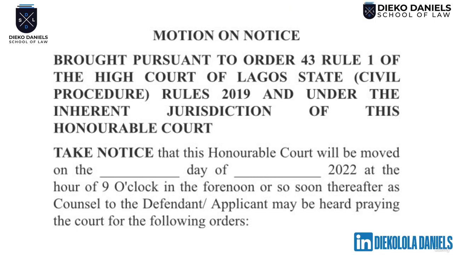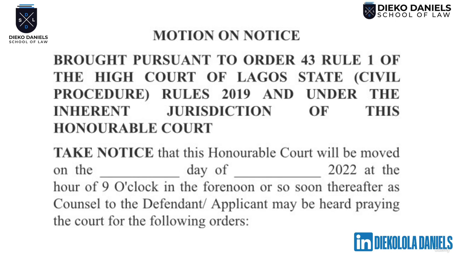Now, we then go further. When we're drafting a notice of preliminary objection, the first paragraph, we said, take notice that at the hearing of these suits, the defendant applicant intends to challenge the competence of these suits and will be heard praying this court for an order striking out this whole case. These are the three things that we asked for. But in this case, it is not couched in that manner.